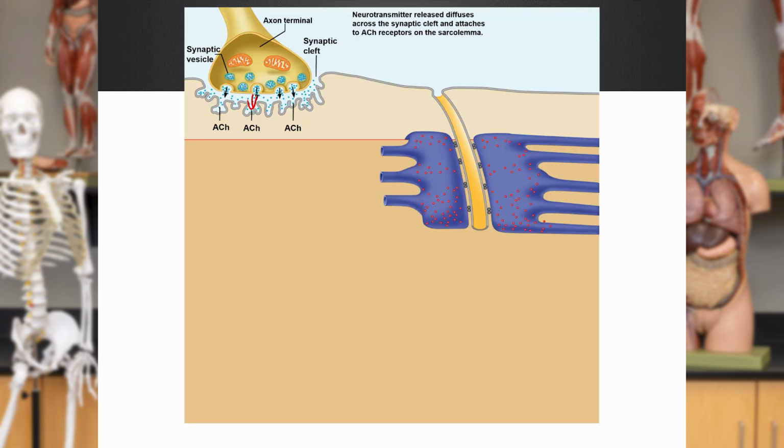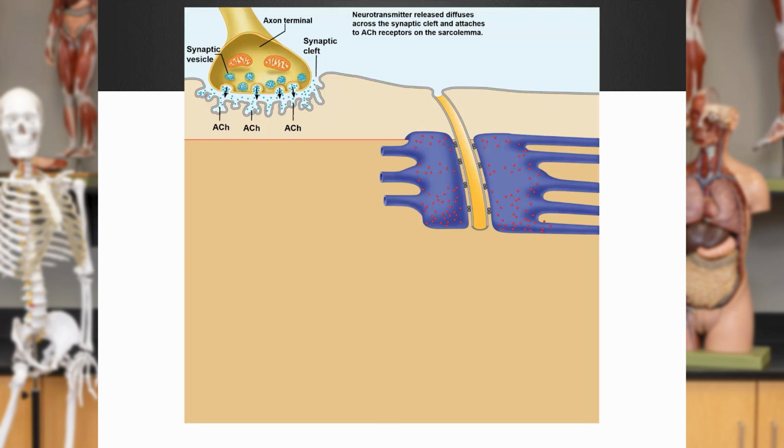Now, the motor end plate, again, remember, was that part on the muscle? That is going to have these ligand or chemically gated channels. Acetylcholine binds, the channels open up. Sodium and potassium are both going to flow through in opposite directions. This flow is going to allow for the creation of graded potentials.